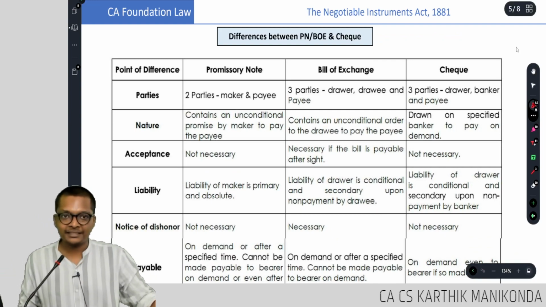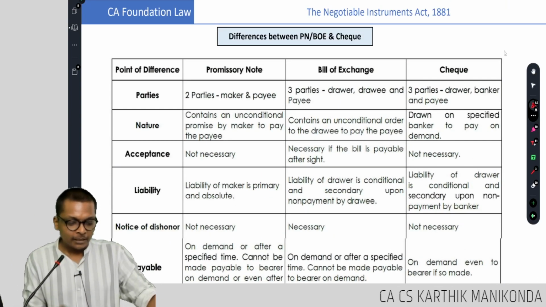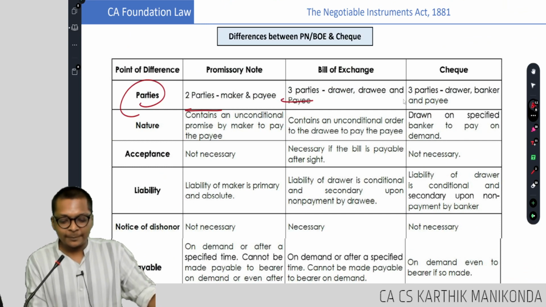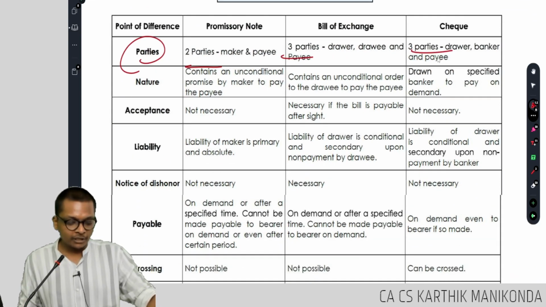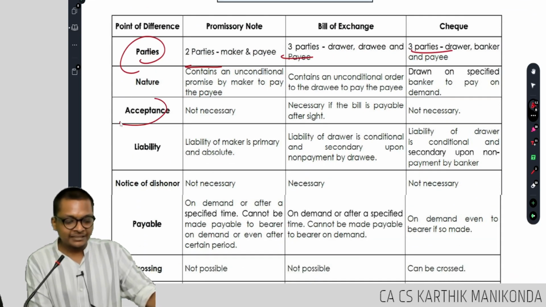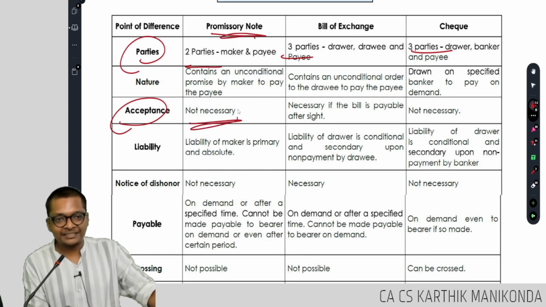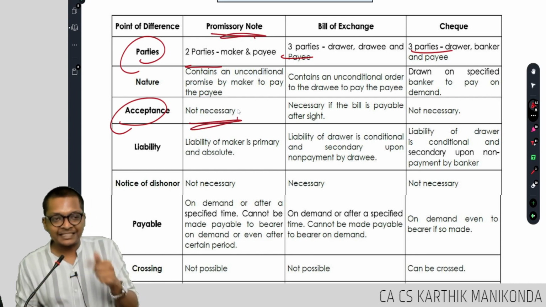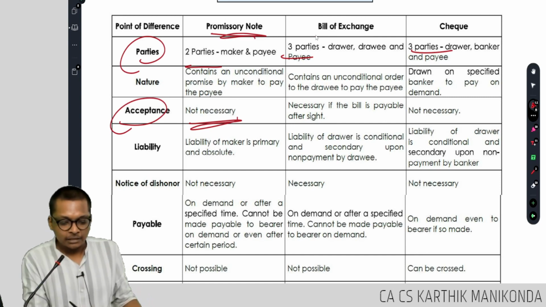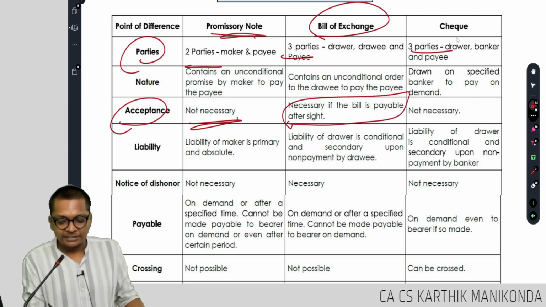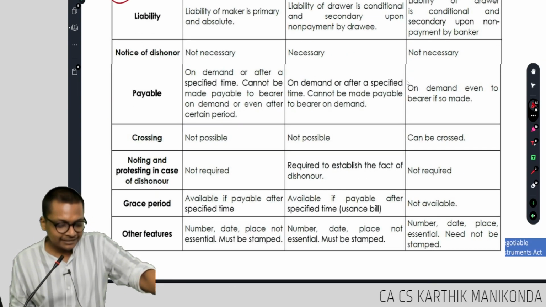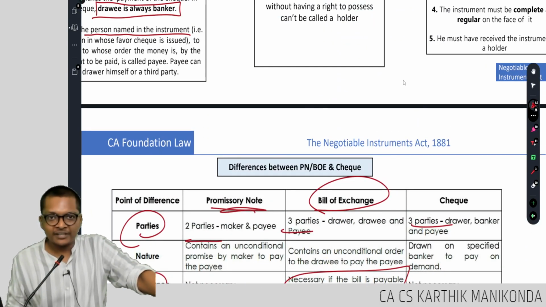For example, parties: 2 parties, 3 parties, 1 point. Acceptance: promissory note, no need for any acceptance because I am signing. Which needs acceptance? Bills. Check, not necessary. Like this, I have given you some features, some of what is there in the book, the difference table.